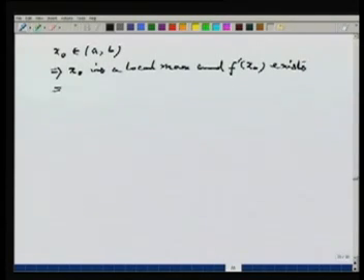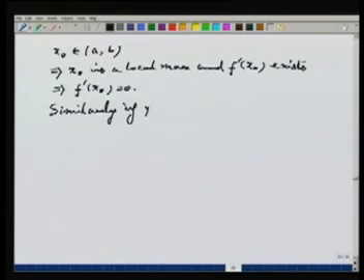This implies by the previous result that f prime at x0 is 0. Similarly, if y0 belongs to AB, again by the previous theorem, f prime at y0 is also 0.